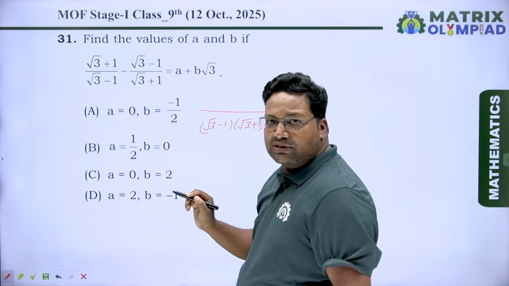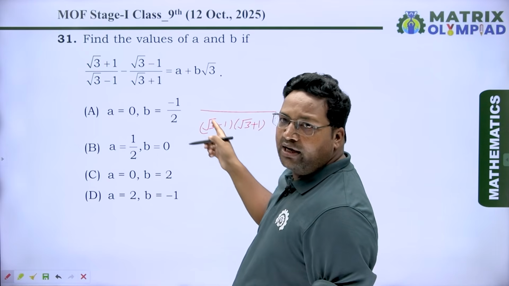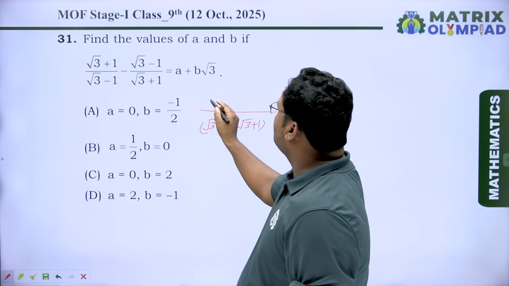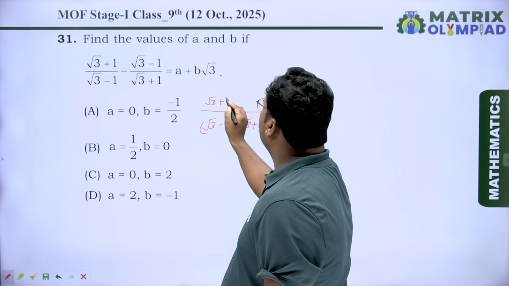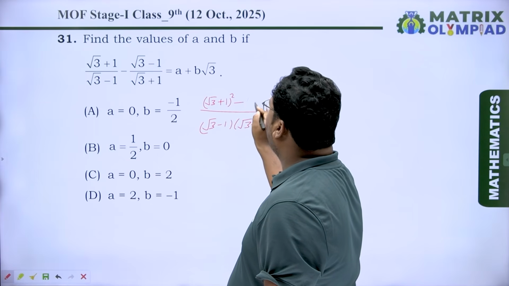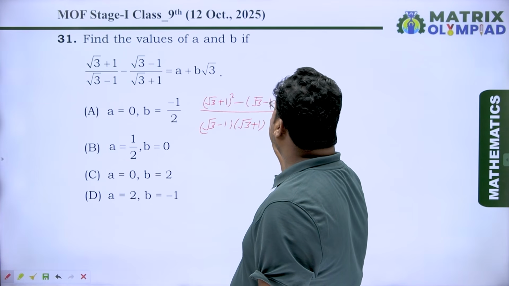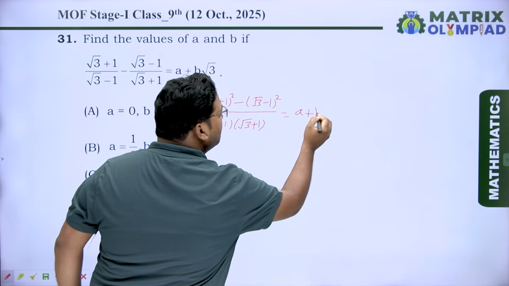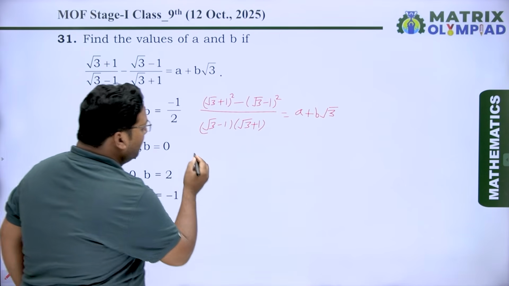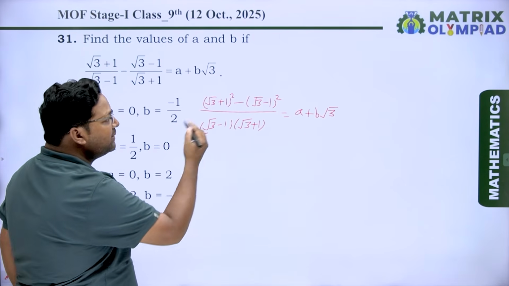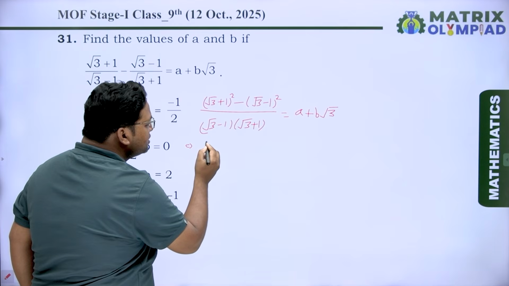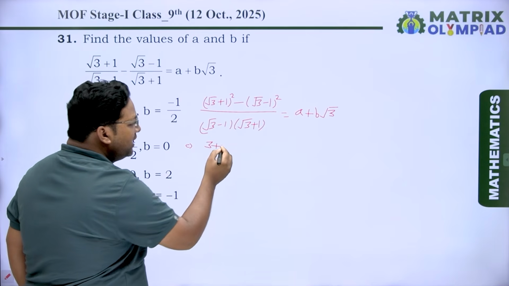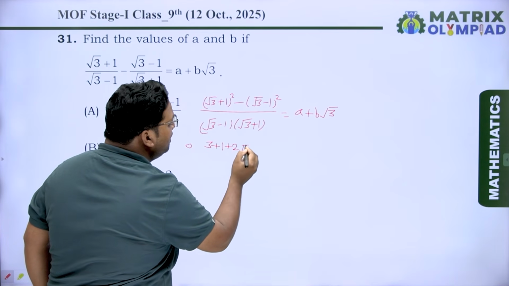Now we have to solve this part. Root 3 minus 1 and root 3 minus 1 are cancelled out. So it is root 3 plus 1 whole square minus root 3 minus 1 whole square, equal to A plus B under root 3. Now we have to solve this part. Root 3 square is 3, plus 1 square is 1, plus 2 under root 3.